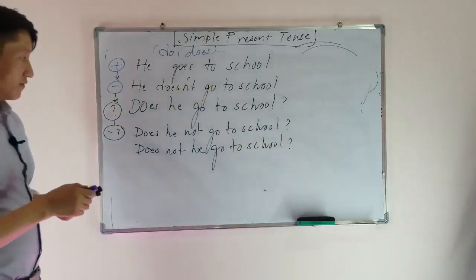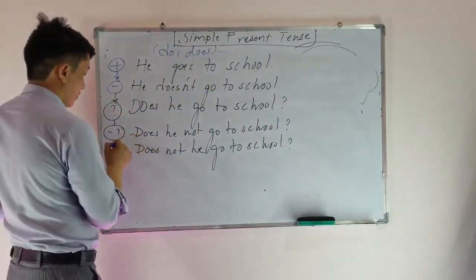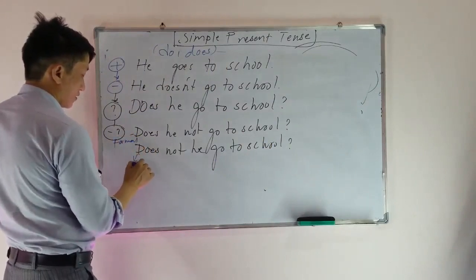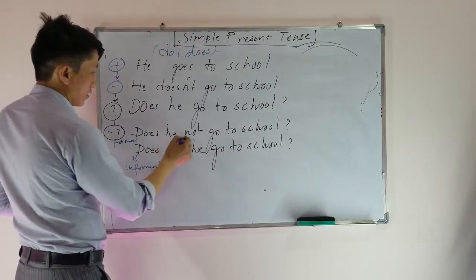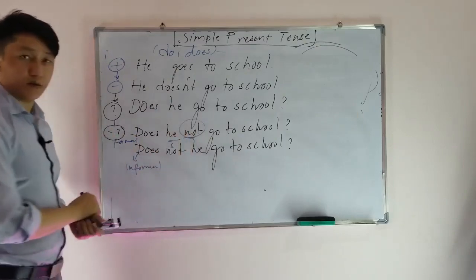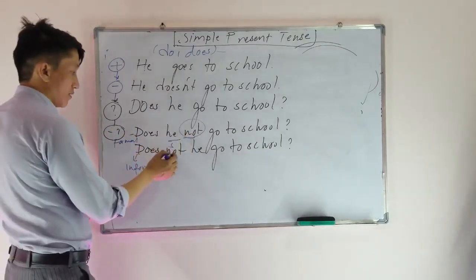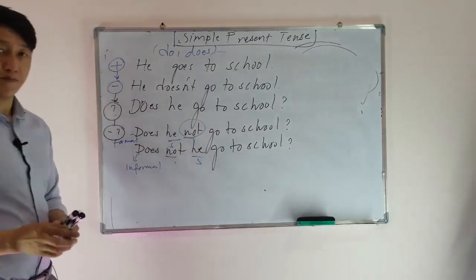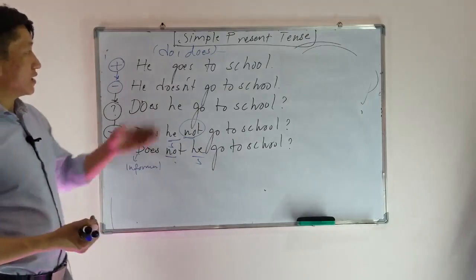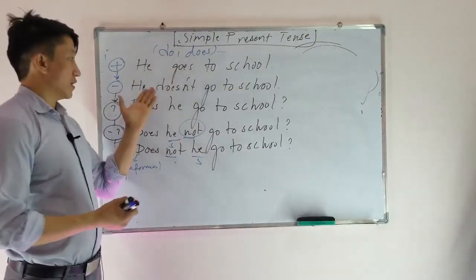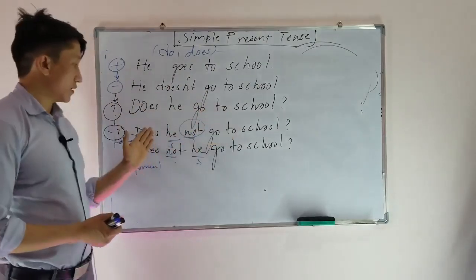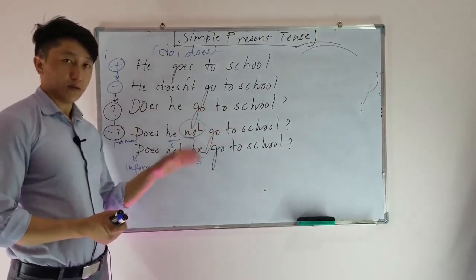This is a formal one, and the next one is informal. If not comes after the subject, it's formal, but if not comes before the subject, it's informal. So: he goes to school, he doesn't go to school, does he go to school, does he not go to school, or does not he go to school?